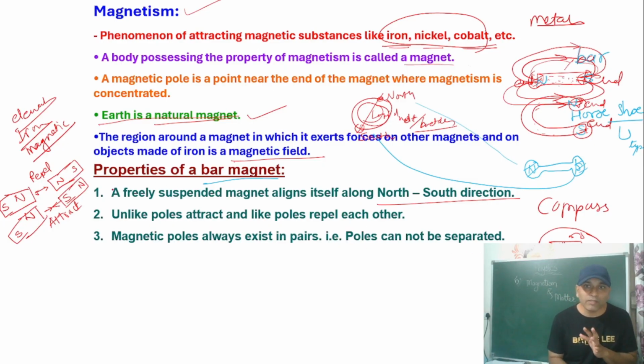If I cut one magnet into two parts, one part will have north and one south. Suppose this one is north and this one is south. If I cut it in between, the new ends will again become north and south. So even if you cut the magnet, the poles can't be separated. The ends will always be in opposite pairs. This is the phenomenon.